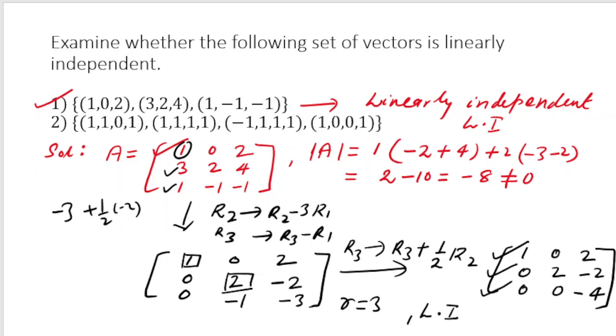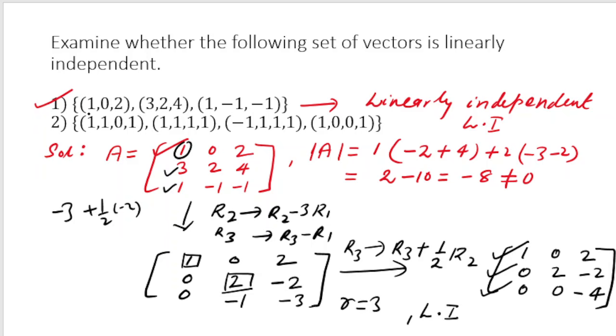So I have used two different methods to decide whether the given set of vectors is linearly dependent or independent. Okay, so I am going to take more problems, but before that I want to highlight, you may be having this question in your mind: what does it basically mean for the vectors to be linearly independent, right? I repeat my question.